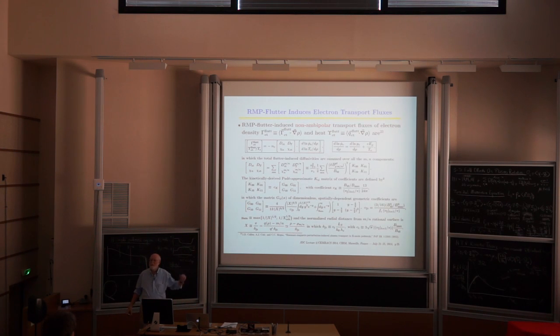So here's the answer, okay? Ugly. It says the particle flux and heat flux are a matrix of diffusivities operating on the thermodynamic forces of the pressure gradient, with an electric field effect from mobility, and a temperature gradient. These diffusivities are, this is actually Brzezinski.